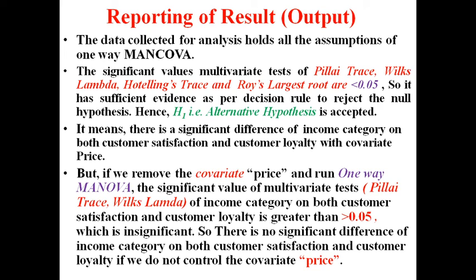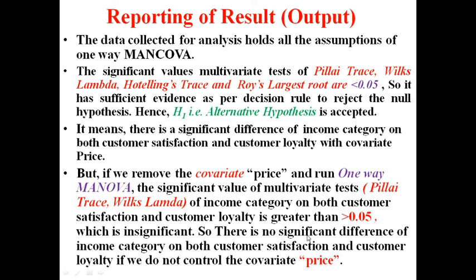So when we are considering price as a covariate, it is significant as p values are less than 0.05. But if we remove the covariate price and run one-way MANCOVA, the significance value of multivariate tests like Pillai's trace and Wilks' lambda, which are the most appropriate tests of income category on both customer satisfaction and customer loyalty, is greater than 0.05, which is insignificant.